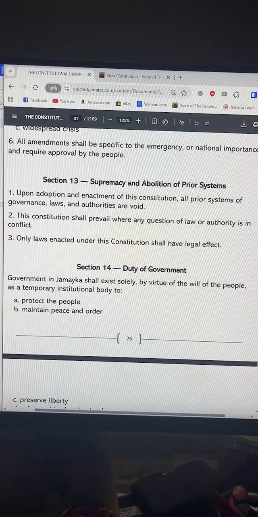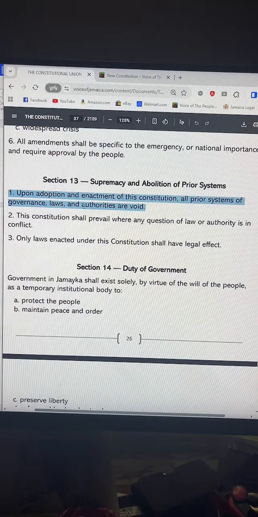Supremacy and abolition of prior systems. So this is a complete 180 turn from the current constitution, right? The current one kept all of the colonial laws. So what does this constitution do? 1. Upon adoption and enactment of this constitution, all prior systems of governance, laws, and authorities are void.